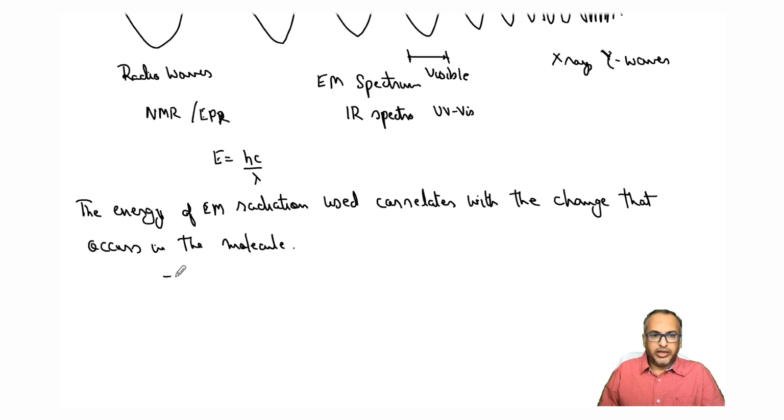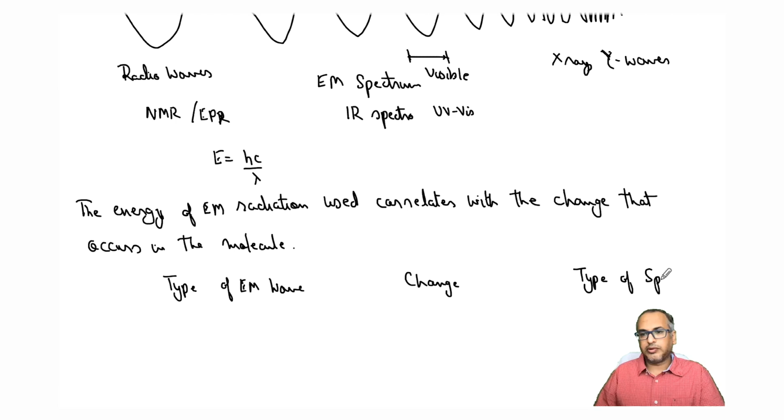So for example, let us write down a few types of radiations: type of EM wave, then change, and type of spectroscopy.